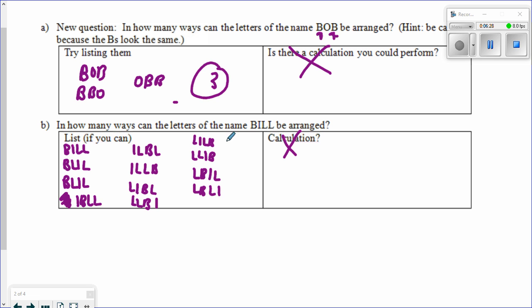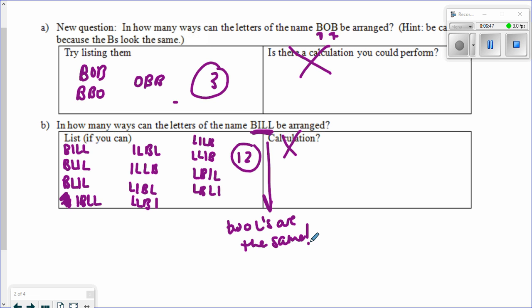So in total, hopefully I got them all down, there are 12 possible ways for the letters B-I-L-L to be arranged, because two of the L's are the same. Hopefully you didn't find something that's not up there. I might have written stuff wrong. I can already see that I did, because this should be L-I to make it different than the one above it. Hopefully I got the rest okay, but there should be 12 for that one.